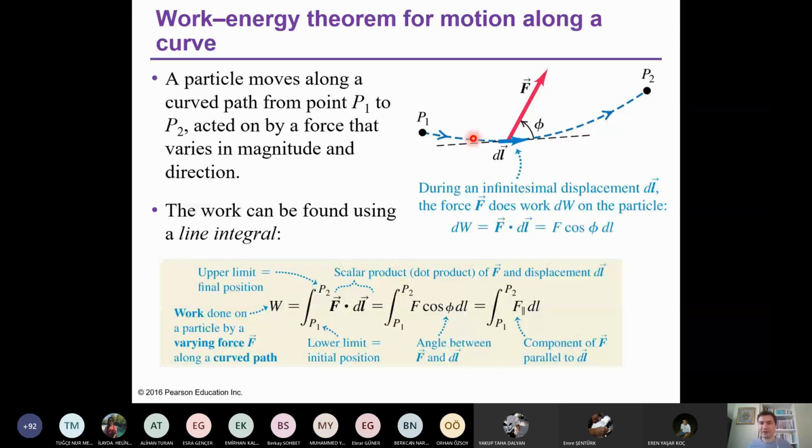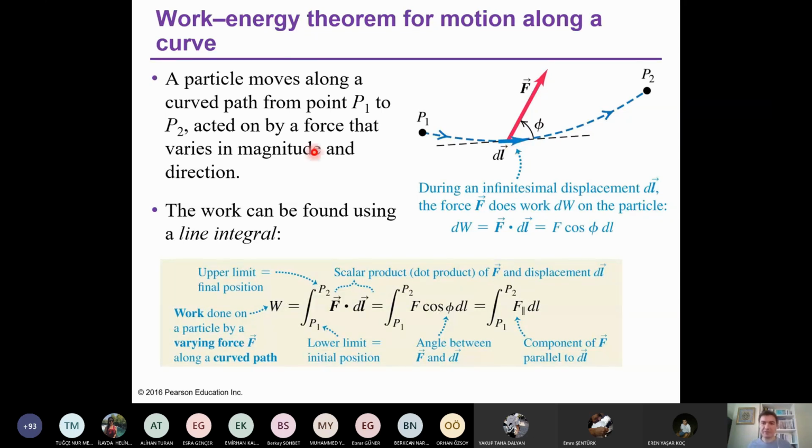Here we have a particle, and this is the initial position of the particle, P1, and this particle is moving along this curved path from P1 to P2. And this type of force with this direction and magnitude applies on this particle. So what about the work done on this particle?